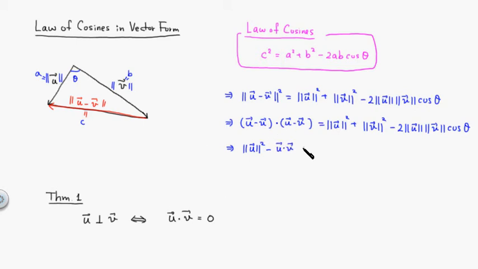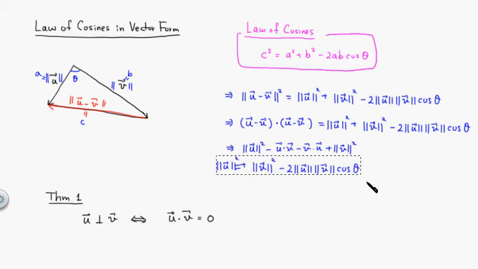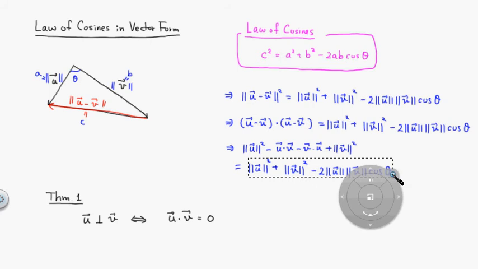Negative v times u is negative v dot vector u. Negative v times negative v is positive norm of v squared. Again, this is equal to the same thing, so I'm just going to put it here.